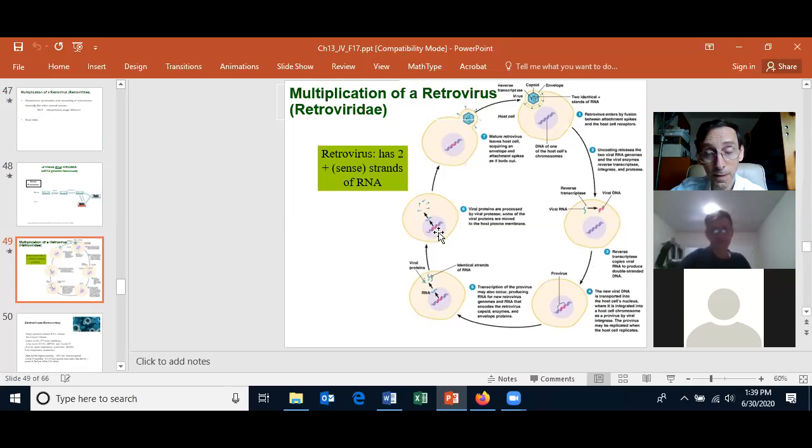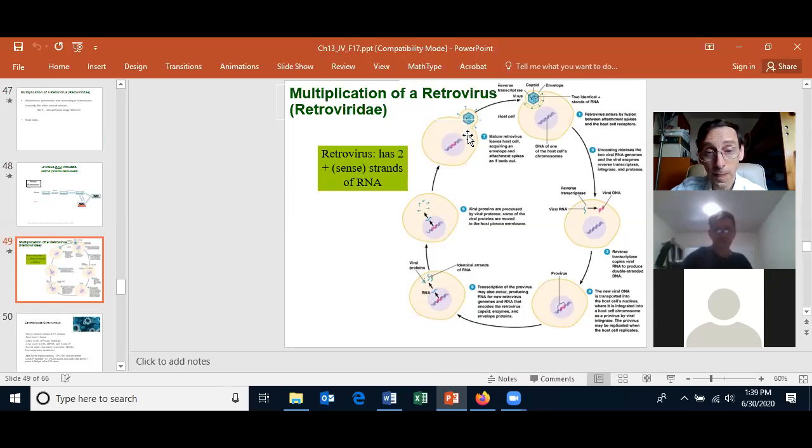The DNA will be transcribed as positive strand, single strand RNA, which will be the genome of the virus, and that viral genome will get together with the capsid proteins to make the new virion.